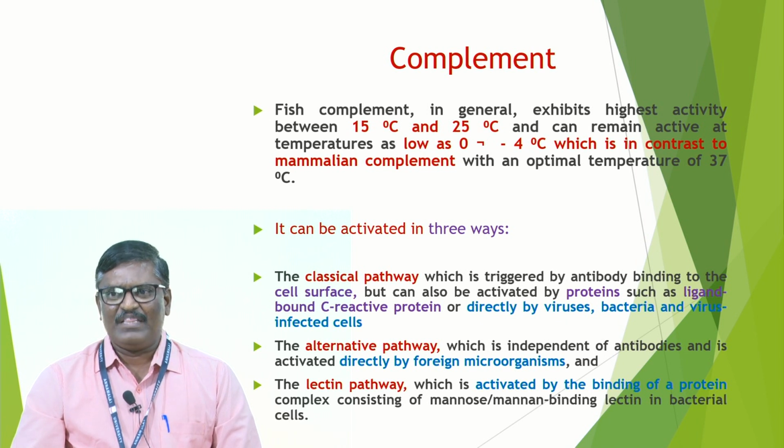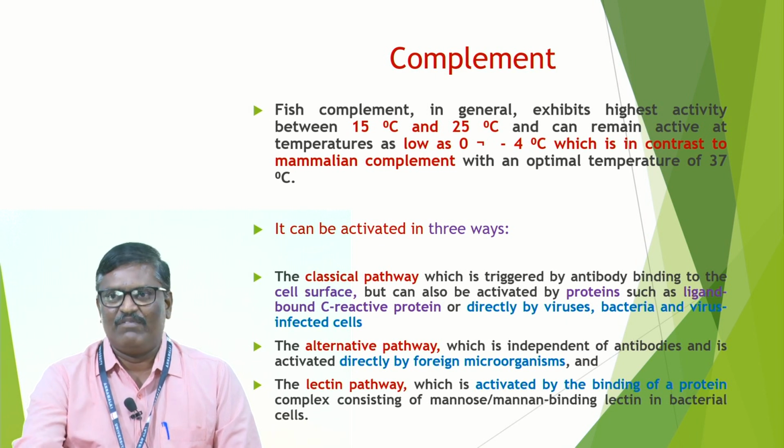The next, the alternative pathway, is independent of antibodies and is activated directly by foreign microorganisms. The next is the lectin pathway, which is activated by binding of a protein complex consisting of mannose and mannan-binding lectin to the bacterial cell wall.